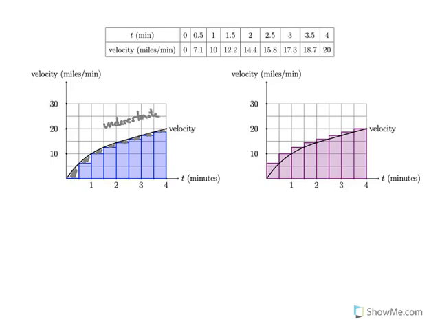Whereas the overestimate is counting too much. And again, we're using some velocity function, v of t, and looking at function values of the velocity function.